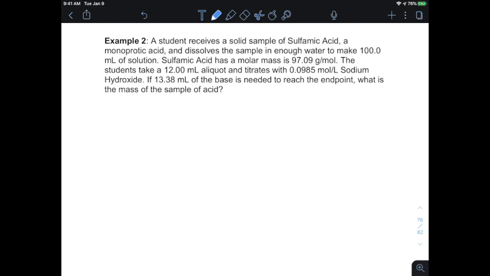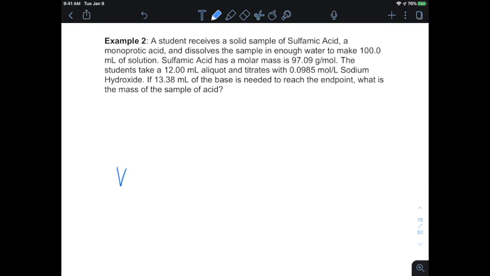We have a student who's receiving a solid sample of sulfamic acid, which is a monoprotic acid, and he's dissolving the sample in enough water to make this solution. So we do get an original volume of our solution, but we're actually going to care about the aliquot first. The sulfamic acid has a molar mass; we're going to use that later.